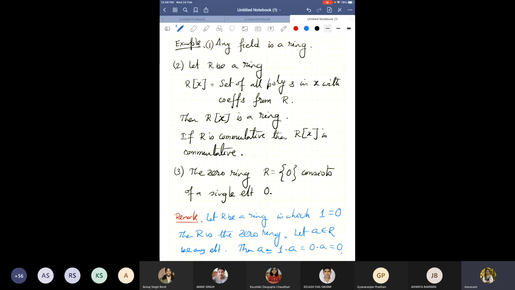That you prove. That means every element of R is 0. That means it is the zero ring. There are a couple of things that I will leave you as an exercise. You try to prove. Should I go to the next page?